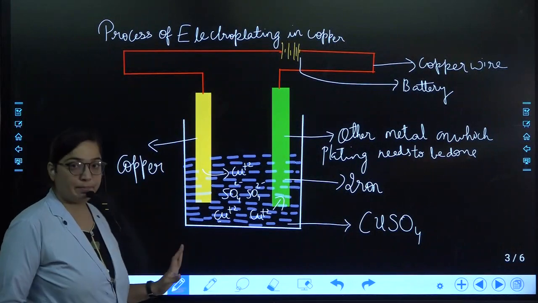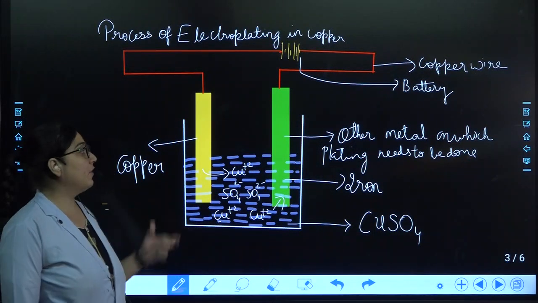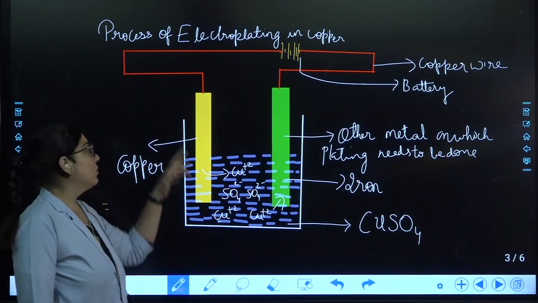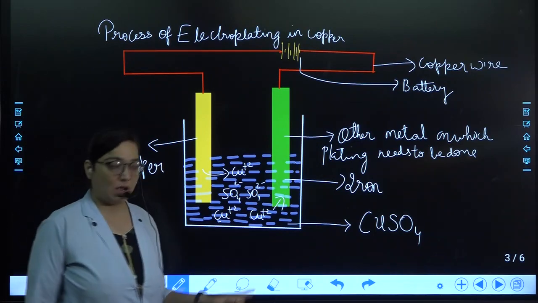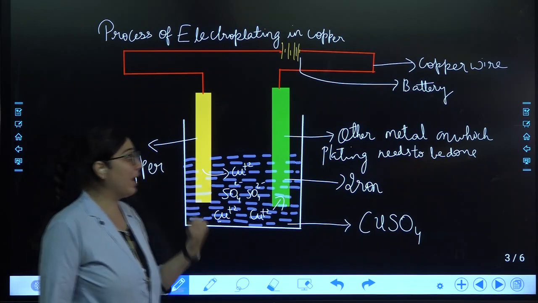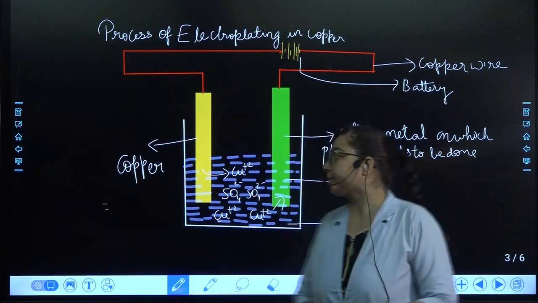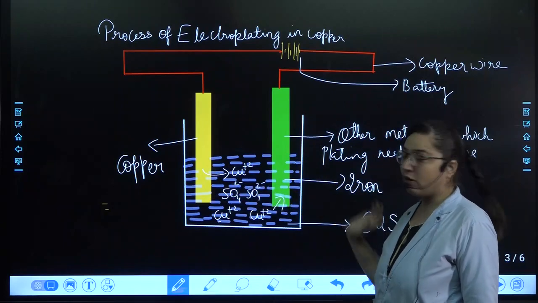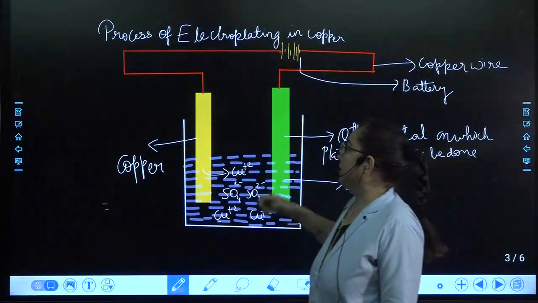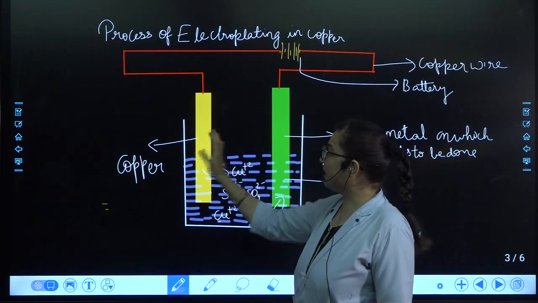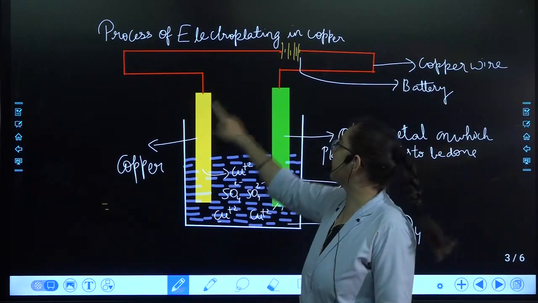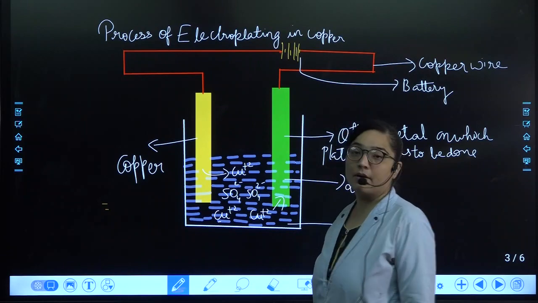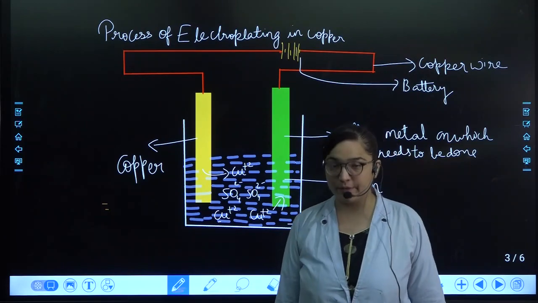What actually happens in electroplating? First of all, you need to take two plates, one on which plating needs to be done and the one which is to be plated. The plate which needs to be plated is connected with the positive terminal, that is the anode.